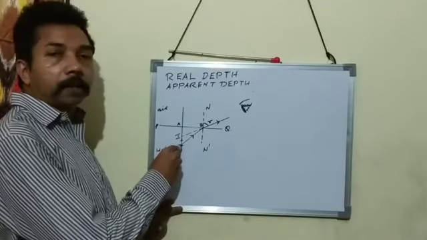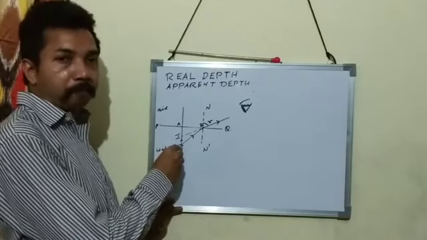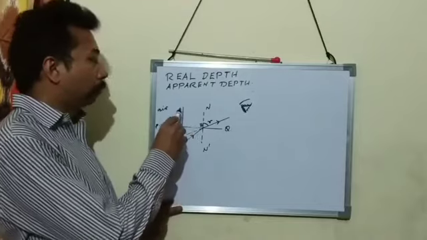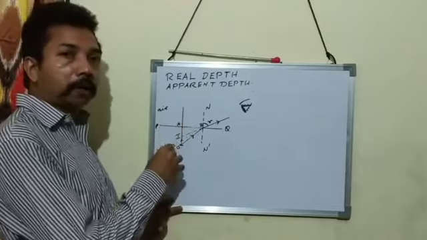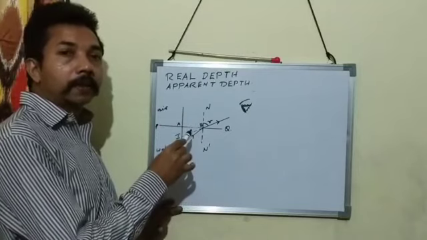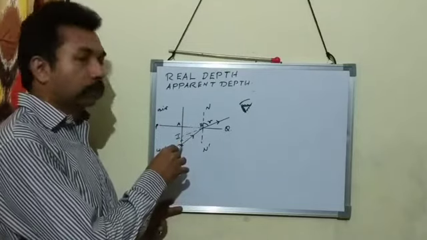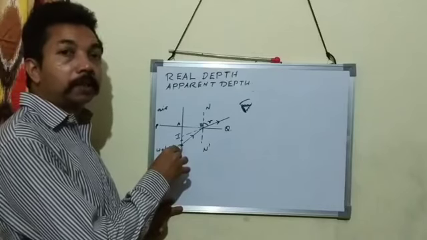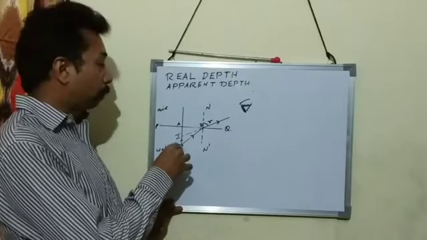It can be any medium like water. When we compare air and water, water is denser than air. So O is an object which is kept in the denser medium.